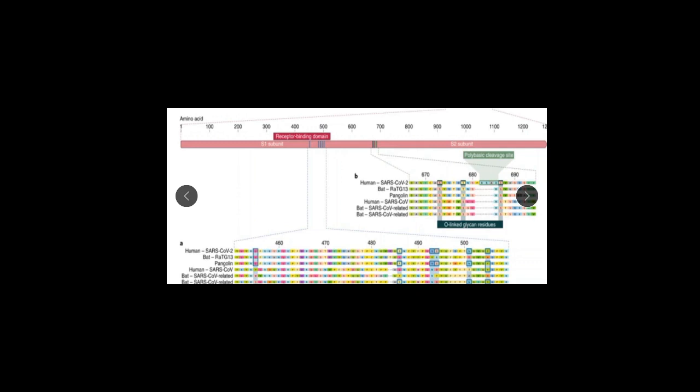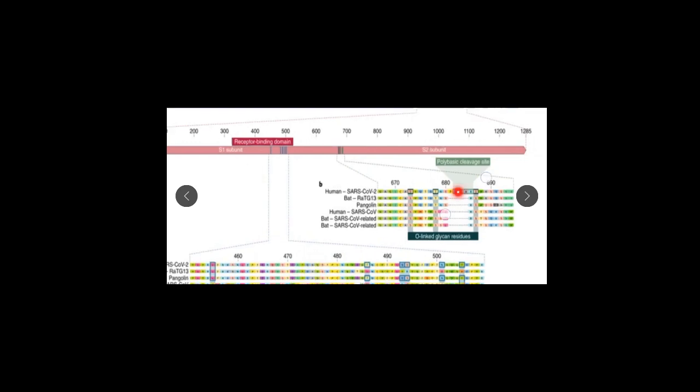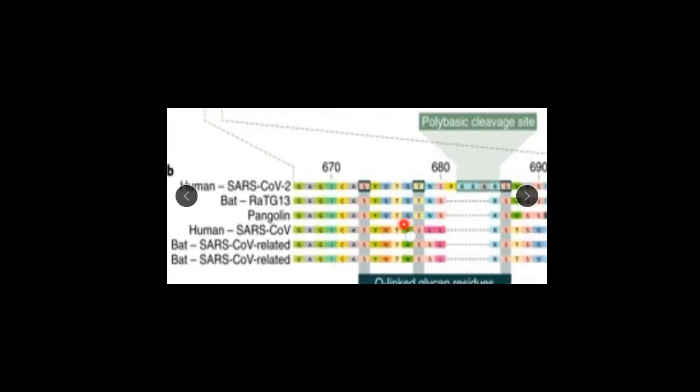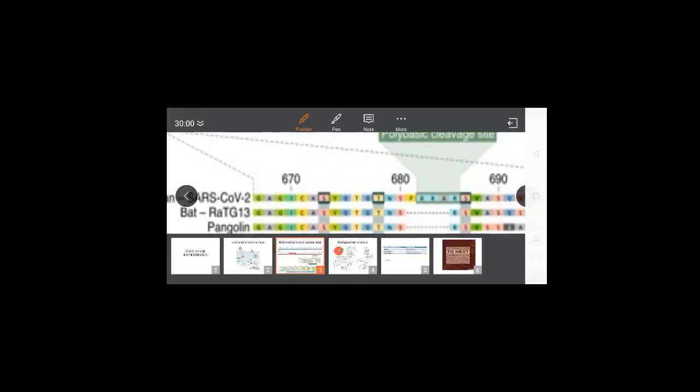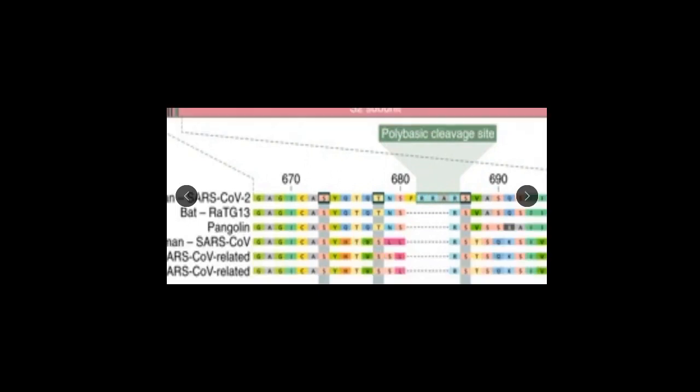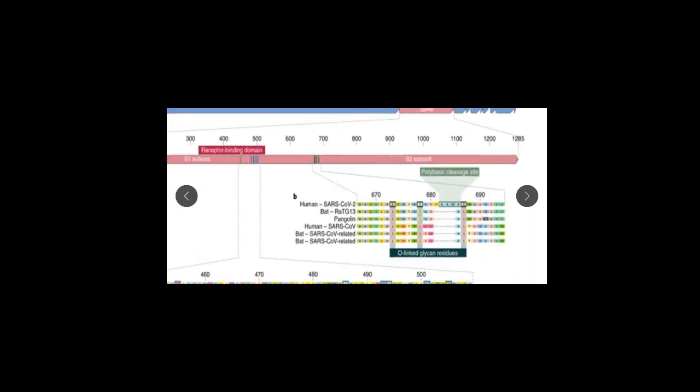As we know, the coronavirus naturally mutates, and in this region, the polybasic cleavage site of the other coronaviruses is RRAR, but in the novel SARS coronavirus there is an addition of a lysine residue, which is here.